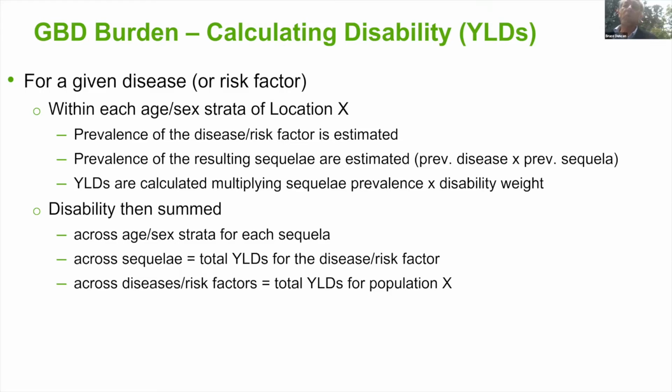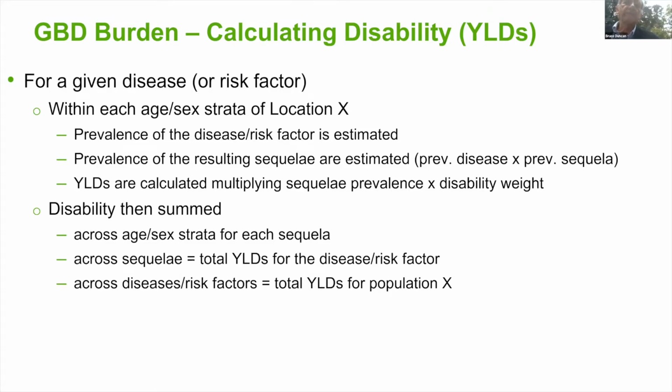And then one of the complications of diabetes is diabetic retinopathy with vision loss. So we need to estimate for diabetes what's the prevalence of vision loss, the sequela, in this population. Let's say 10%.